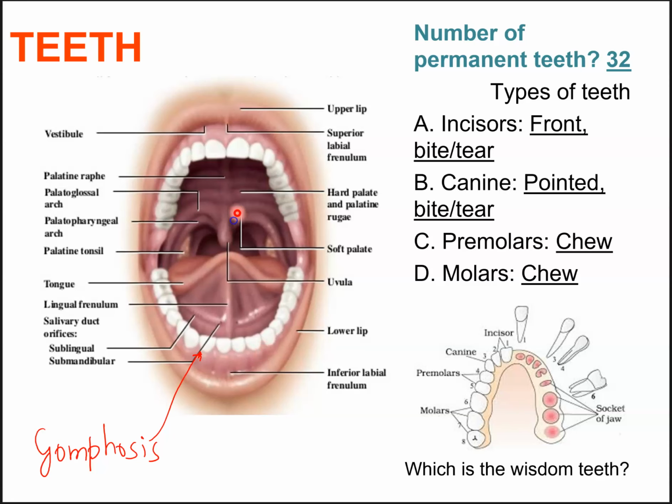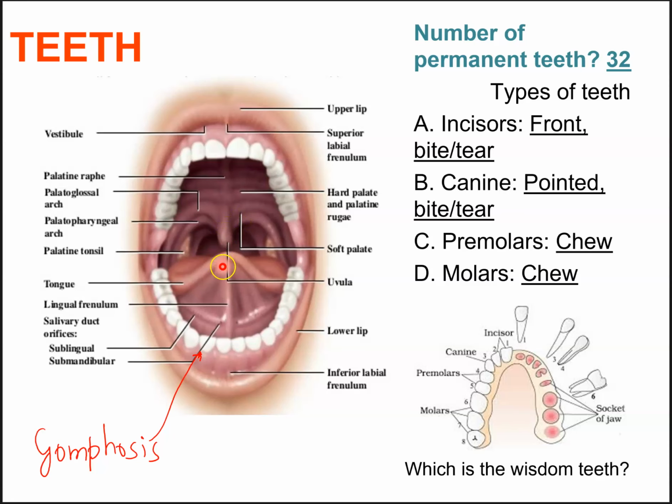Now, if you look at the mouth, you have the uvula. So this little structure that you're seeing is called the uvula, and right above the uvula is the hard bony palate. Right next to the uvula, you have the soft palate.